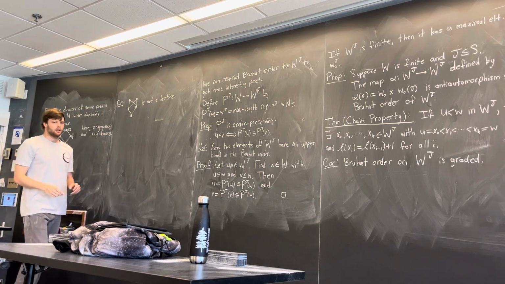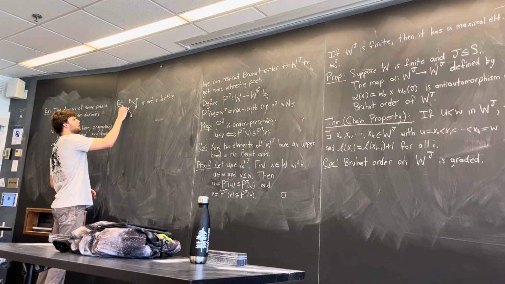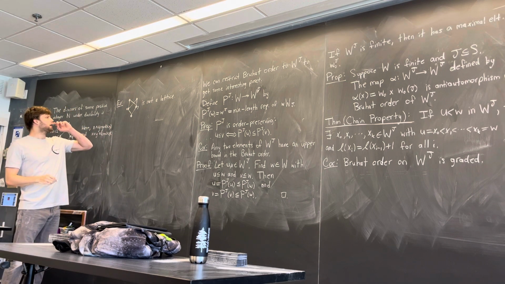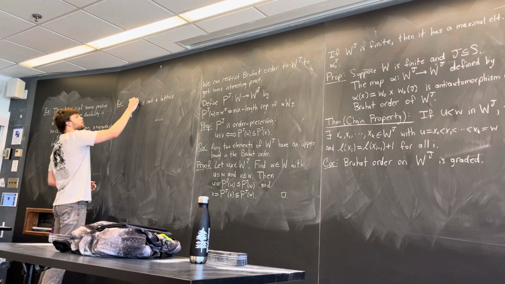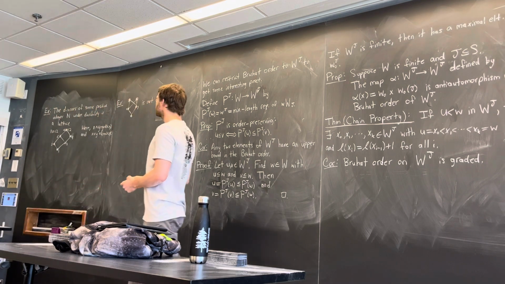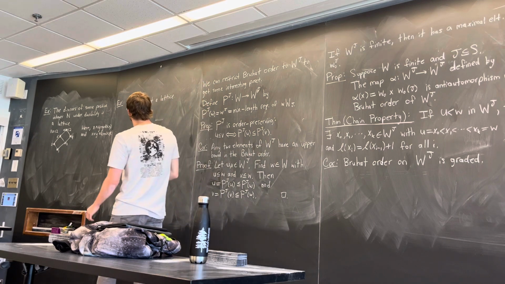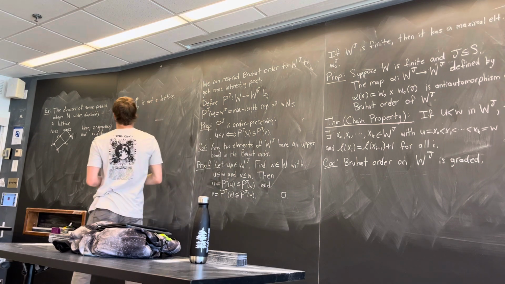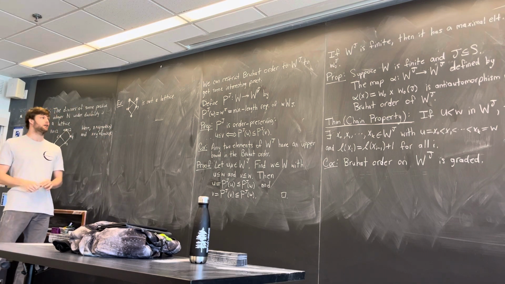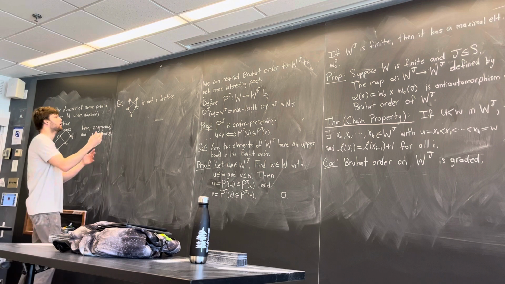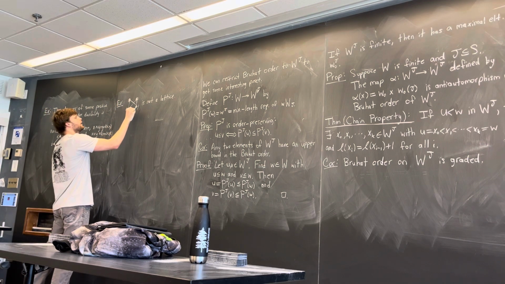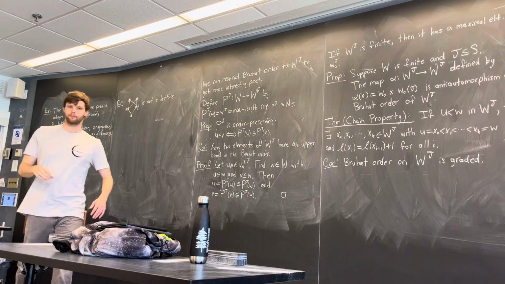For example, if I took x and y to be, say, these two elements, they don't have a join because, well, they have two upper bounds, this one and this one, but they don't have a least upper bound. And so here x and y would have a meet, so that's fine. But just saying that there are two elements that don't have a join, that automatically makes it not a lattice. But there are other things you could say here. You could say, well, these two elements here don't have a meet, for example. But anyway, yeah, so this is not a lattice.